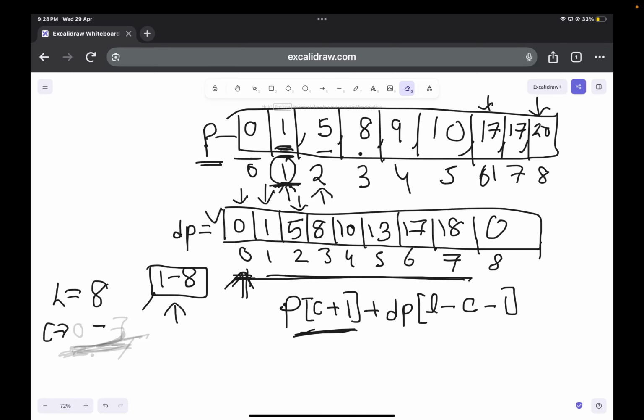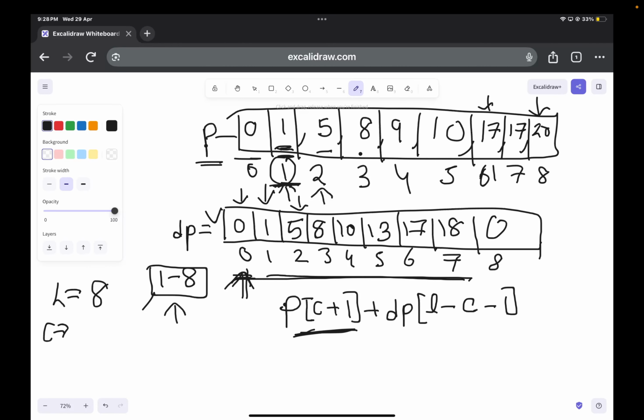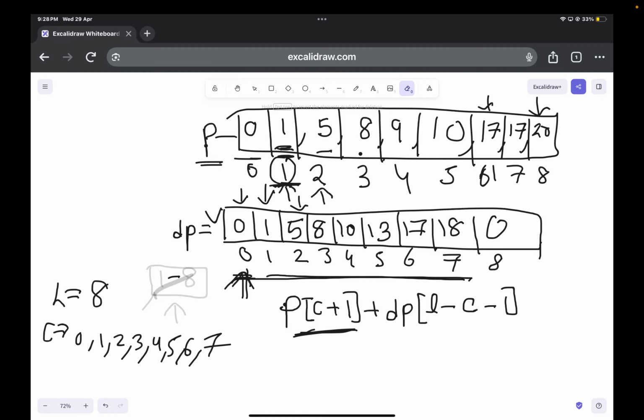Okay, so I'll dry run it again. So first is cut 0 1 2 3 4 5 6 7. Lot of cuts. Let's check a few of them.